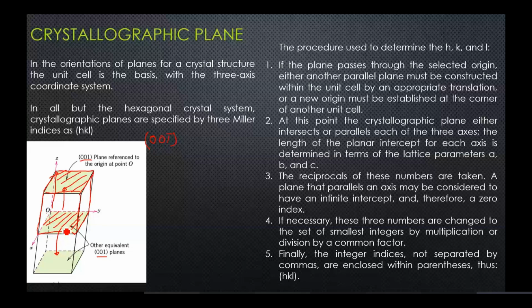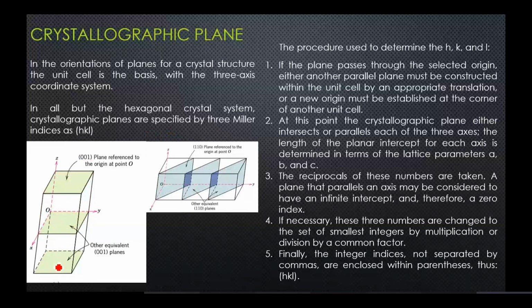Now let's look at another plane. This is the plane. Having O as the origin, if I write down X, Y, and Z, the first thing I made sure of is that the plane is not passing through the origin, so I don't need to move the plane or the origin.